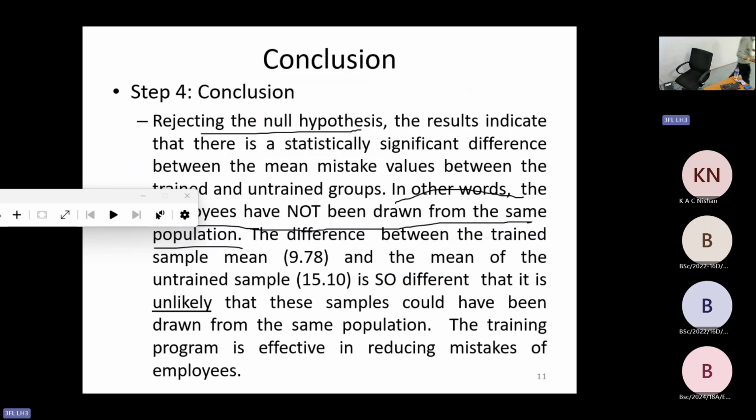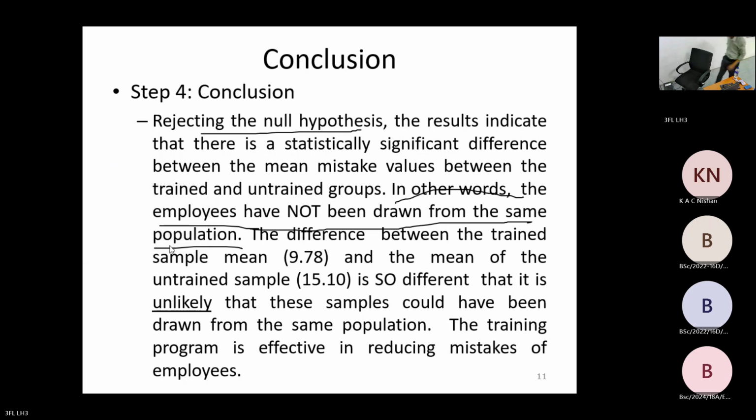Read it. What does it say? In other words, the employees have not been drawn from the same population.